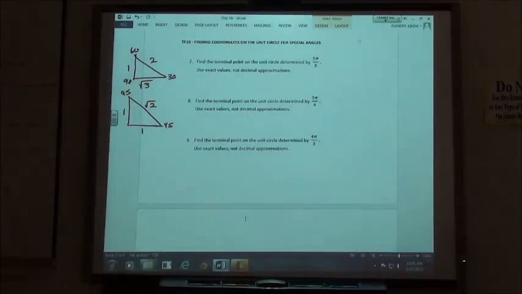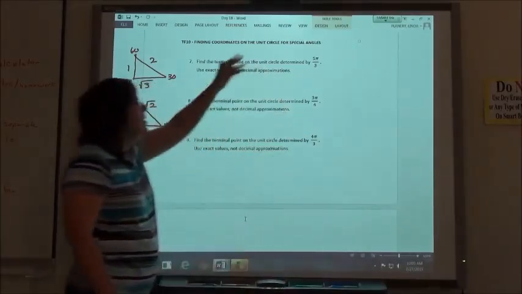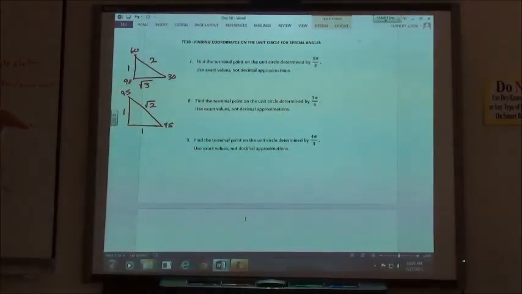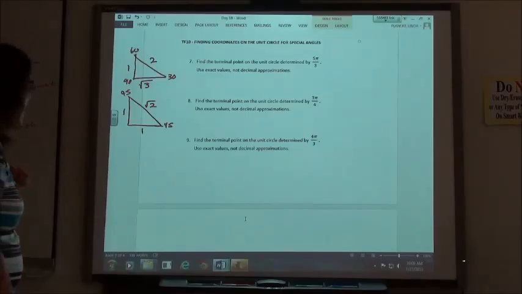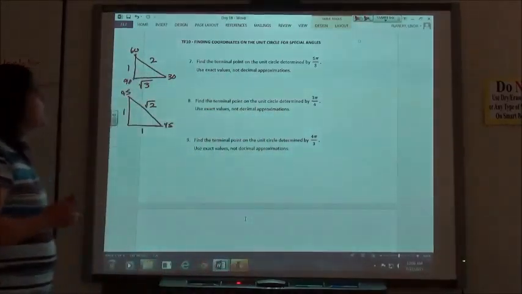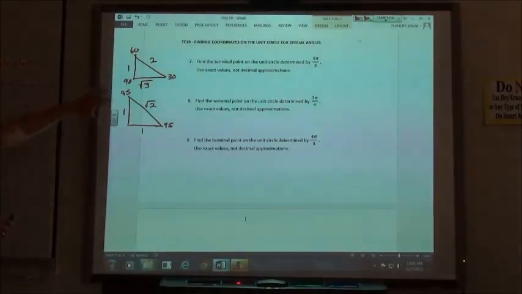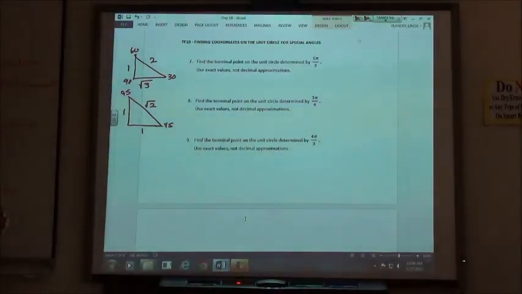All right, the next ones are our special angles that we have. When we were talking about the radian measures, we were either talking about 30, 60, 90 degree angles or 45, 45, 90 degree angles. So when we looked at our unit circle and we were plotting them in radians, one of these triangles is going to become our reference triangle on our circle.